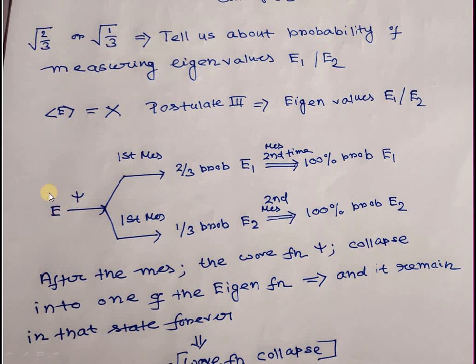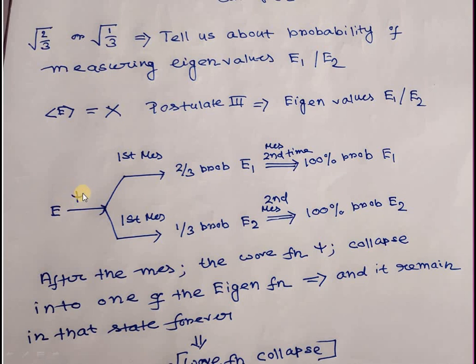So you are measuring the energy of a system, or a state, that is called psi, which is a linear combination of the two eigenstates that I expressed in my previous slide, where psi1 and psi2 are eigenfunctions of the Hamiltonian operator.